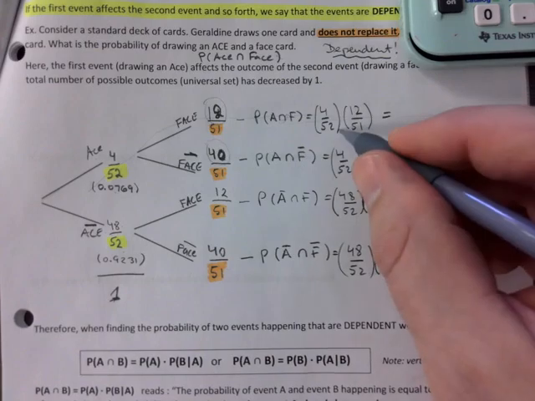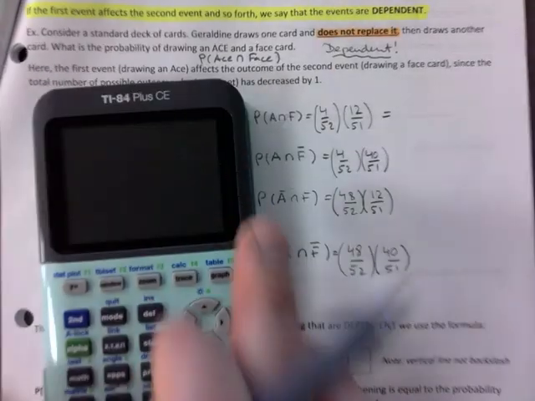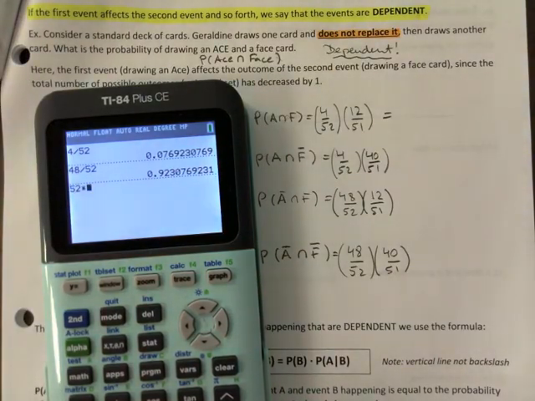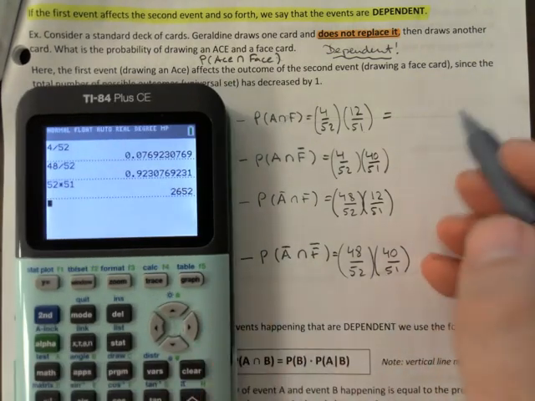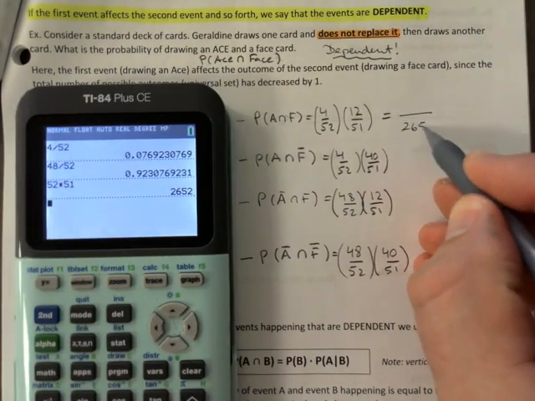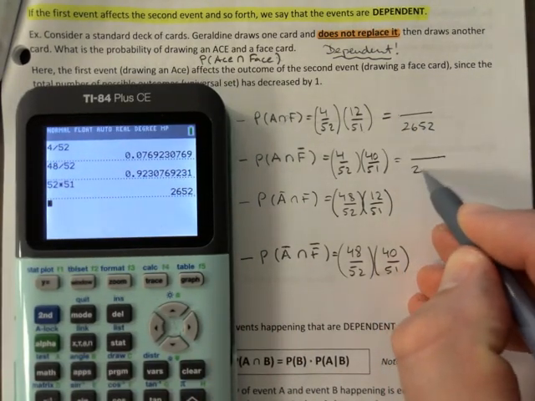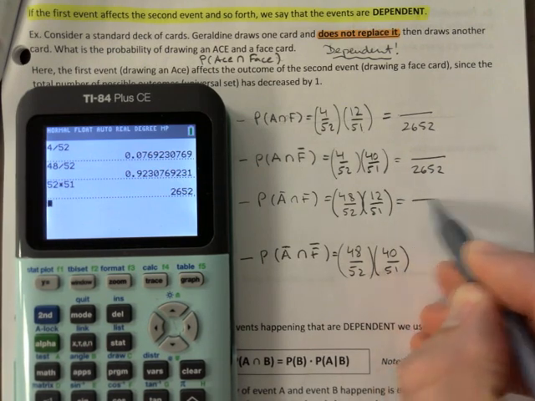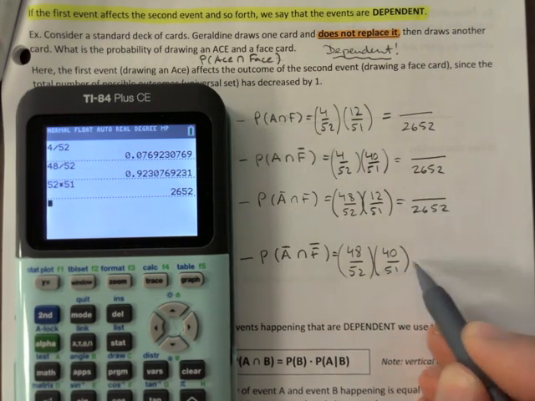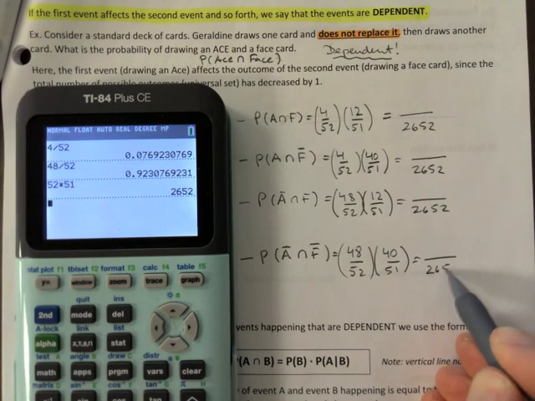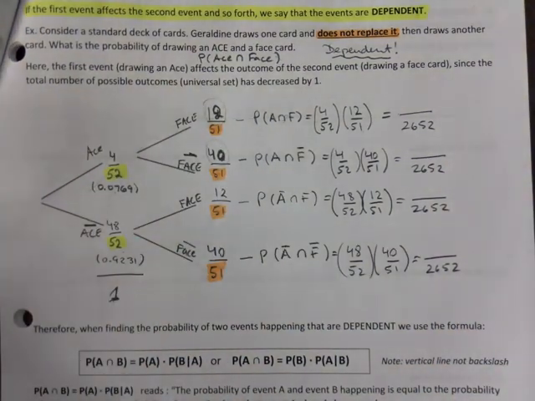So let's do the 52 times 51, because that's going to be a common number. So 2652. Sure, you could reduce it, but for now, we're just going to leave that.